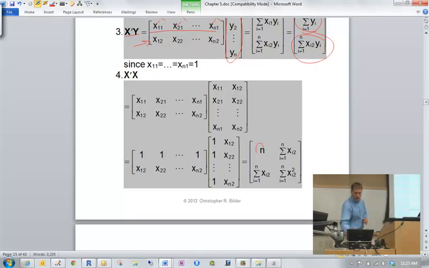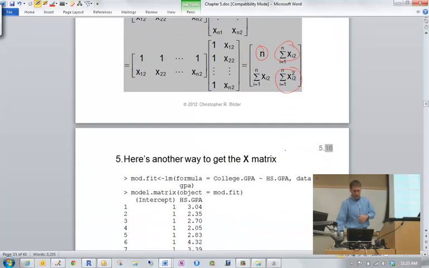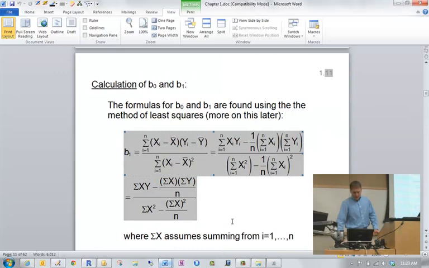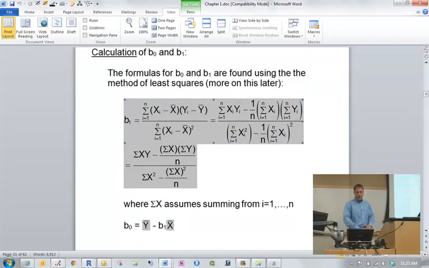Notice how the 1, 1 element is simply n. Notice how you get the sum of the x's. You get the sum of the x's squared in terms of the predictor variable values. Well, why is that important? This is from chapter 1.